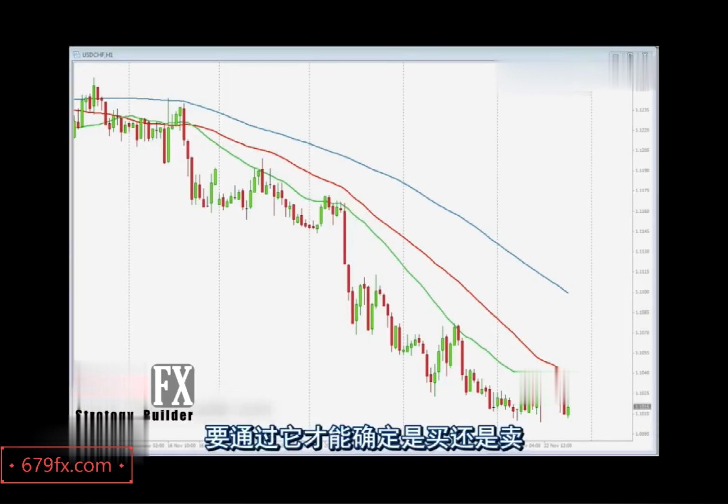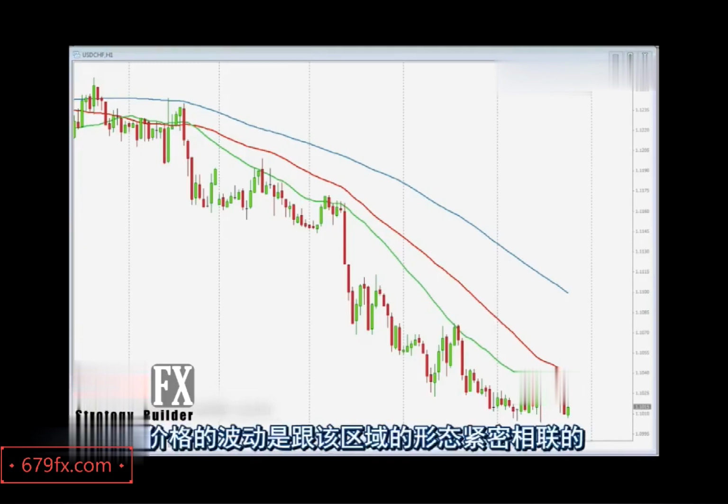It's an area where you know there are going to be loads of enormous limit orders, either sell or buy limit orders, depending on whether you are in an uptrend or in a downtrend, and you know that price is bound to react in some way to that area.